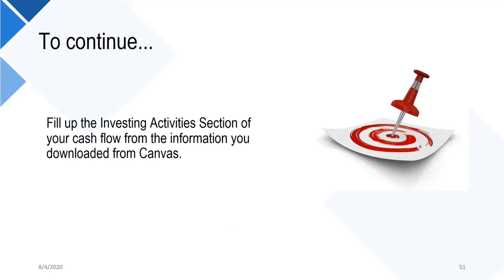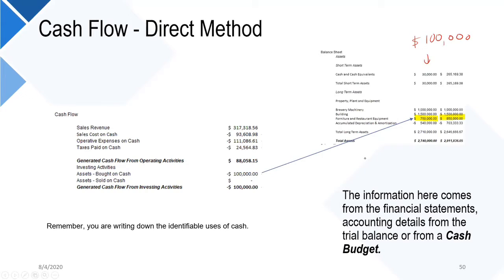Sorry, I have a question. Where did you get that number from? Because in the balance sheet it says... Which number? 150,000, and in the assets bought on cash it says another number. So it says 100. I have 100,000 here.